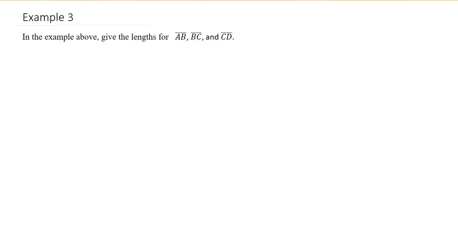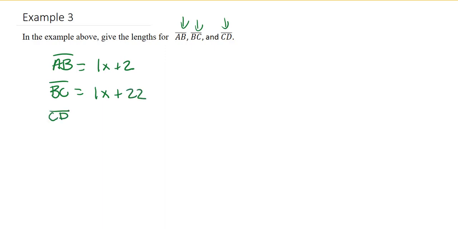So if we know in the example above that x is 8, we're going to give the lengths for each segment. So let's go back. If we have AB, which is equal to 1x plus 2, we have BC, which is equal to 1x plus 22, and we have CD, which is equal to 4x plus 20. And we know x is equal to 8.